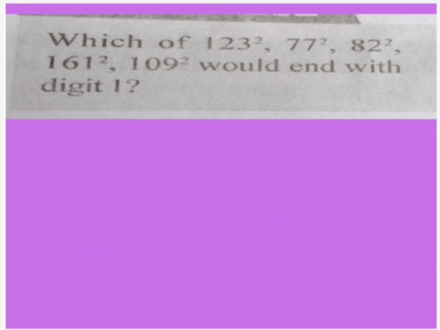Okay, now check for those numbers. First number is 123 square, having 3. So here you are not going to get 1 in the unit place. Next number 77 square, having 7 in the unit place. After squaring you are not going to get 1 in the unit place. Next is 82 square, having 2 in the unit place, right?